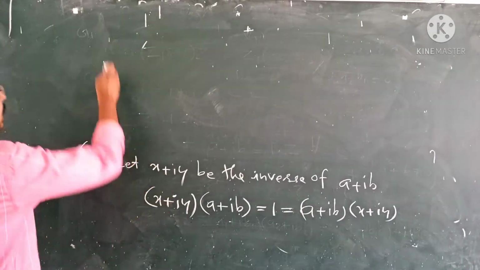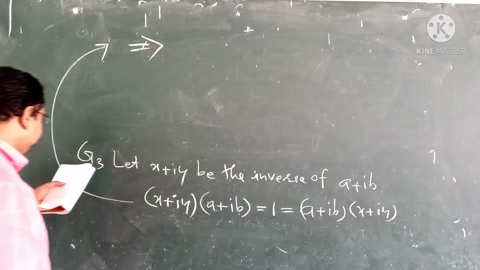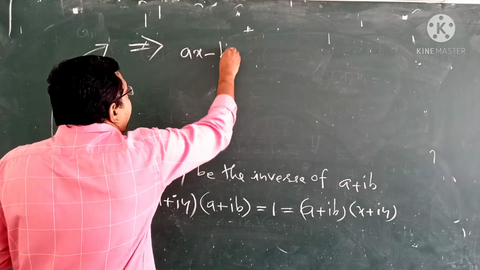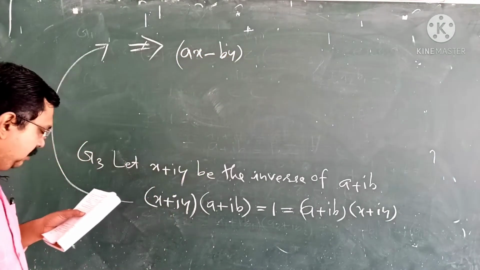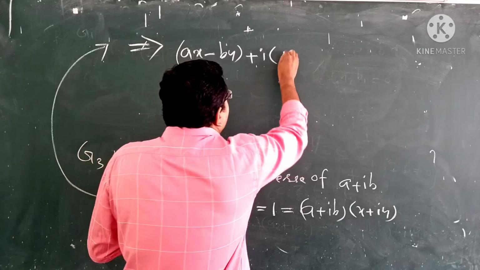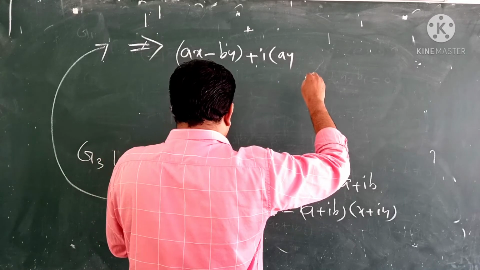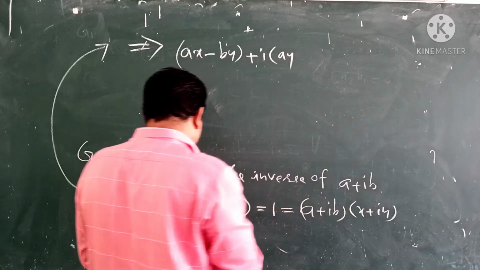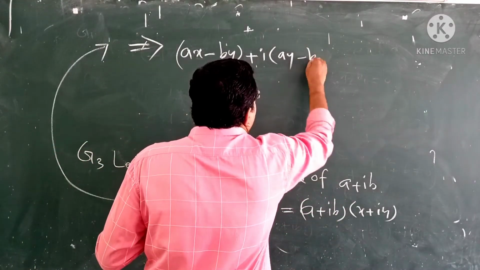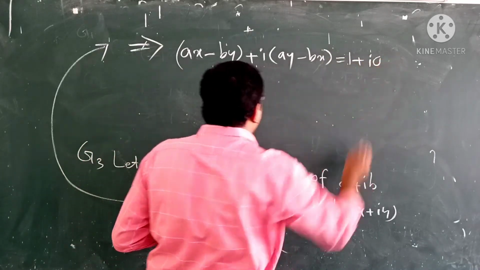Which implies, I am writing here, ax minus by plus I into ay plus bx, that is, ay minus bx equal to 1 plus I into 0.